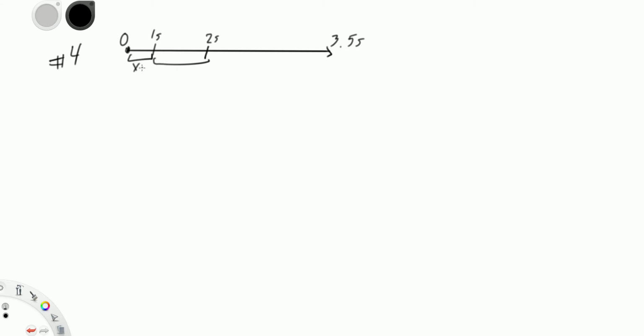So we'd have x1 and x2, and all the way down here would be our total displacement for the motion, or we could say even more accurately x final.